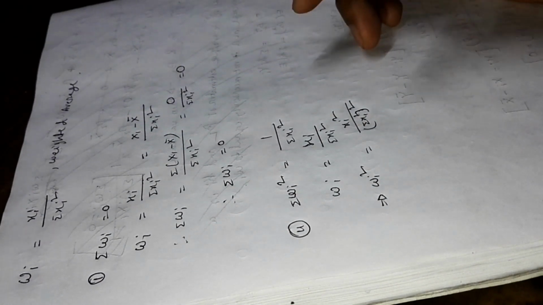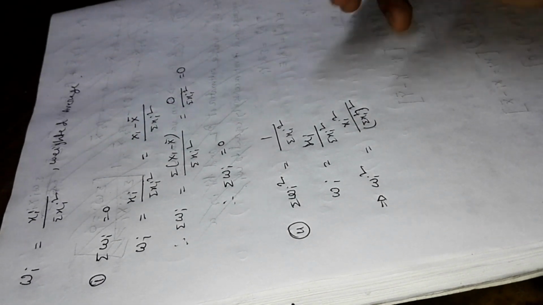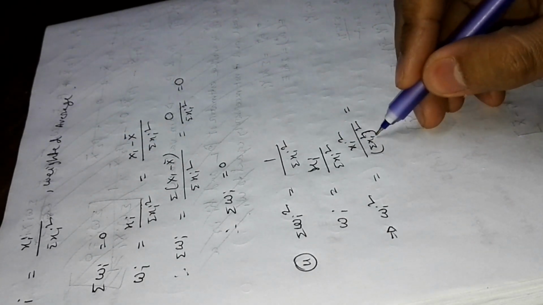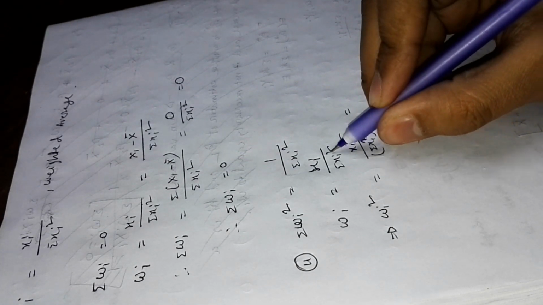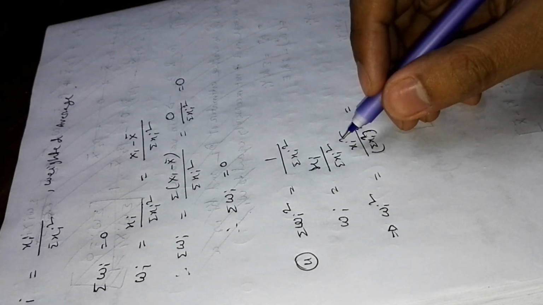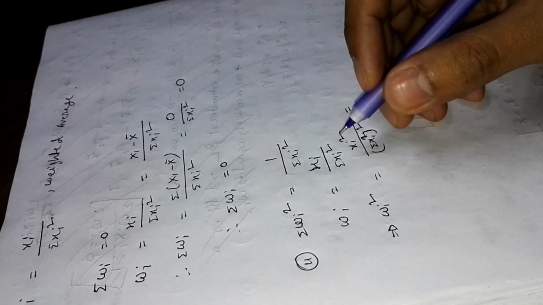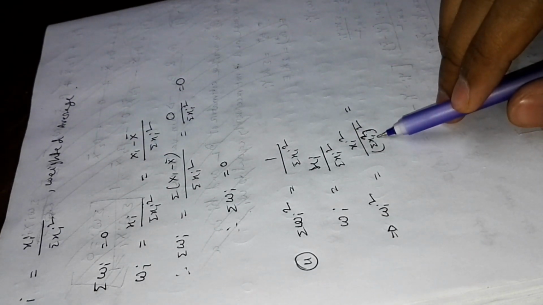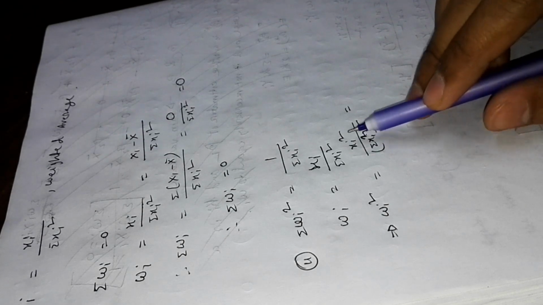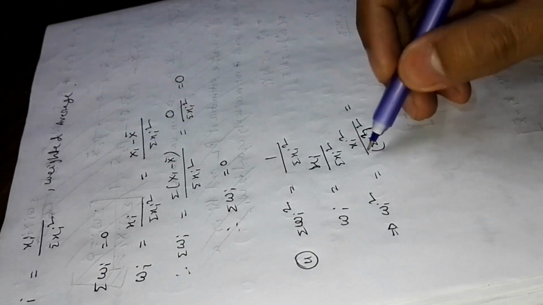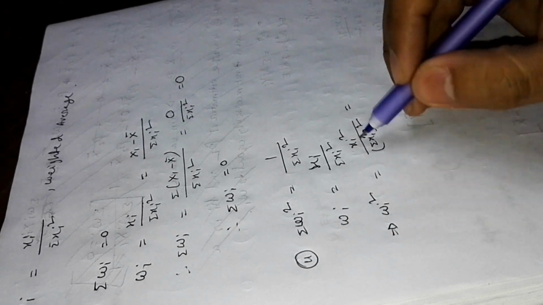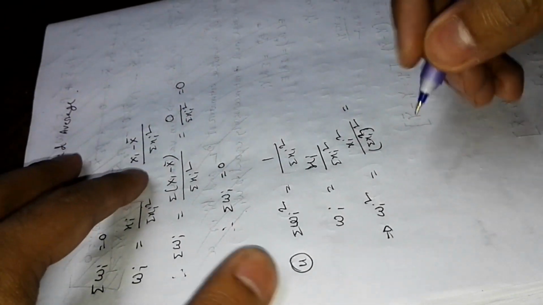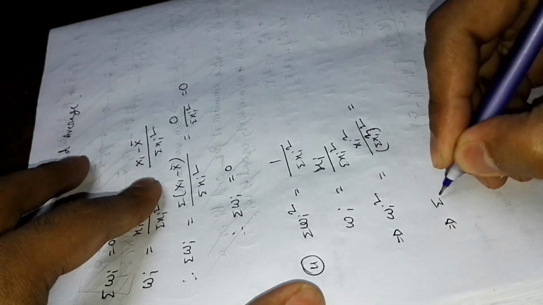As there is xi square on top, and the summation of xi square in the denominator again, we could cancel, but the problem is that there is no summation on top. So what we can do is add summation on both sides, so let's take summation on both sides.